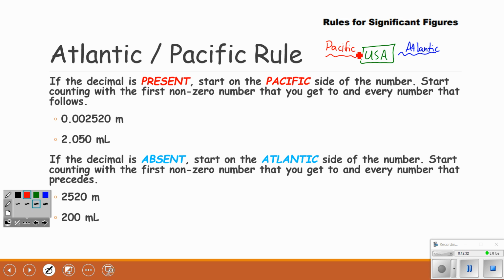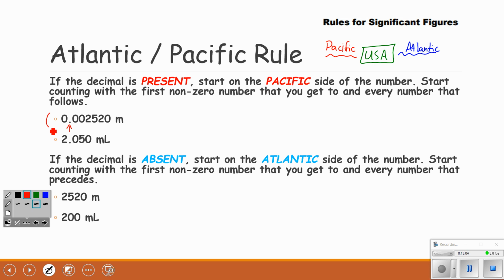Okay, so if you're looking at your number and the decimal place is present, you're going to start on the Pacific side of the number, start counting with the first non-zero number that you get to, and then every number that comes after that. For example, here you've got a decimal place that is present, so you're going to go to the Pacific side of the number, which is over here, because this is like the United States.